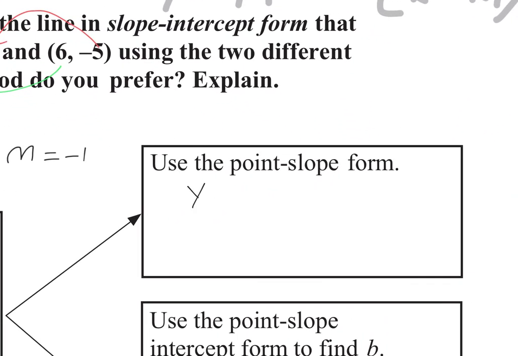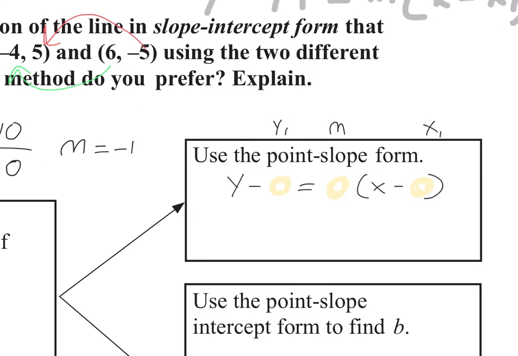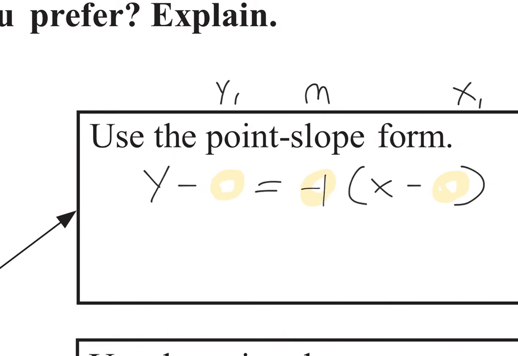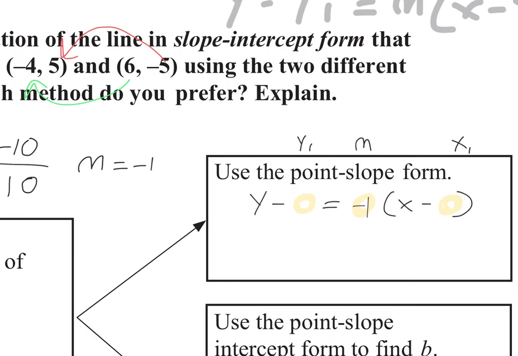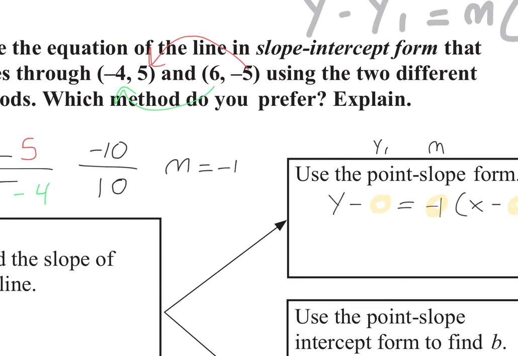So let's get our point slope form ready. We're filling in 3 spots. On those 3 spots, this is y1, this is m, this is x1. We need to fill in our slope of m, which we found to be a negative 1. Now, for our x1, y1, we can pick either coordinate point.